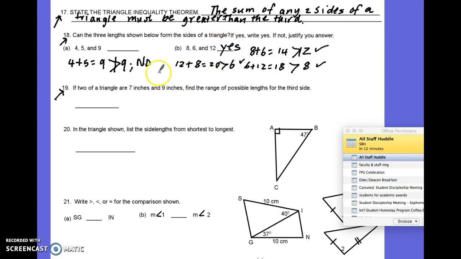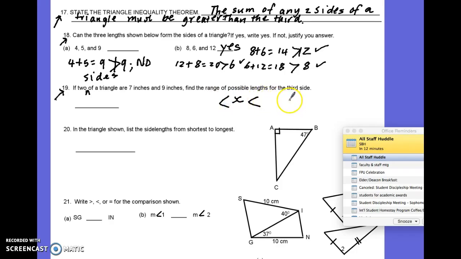All right. And finally on these, let's take a look at number 19. If two sides of a triangle are 7 inches and 9 inches, find the range of possible lengths for the third. Anybody remember that? Let's say the third side length is x. We have a ceiling and we have a floor.